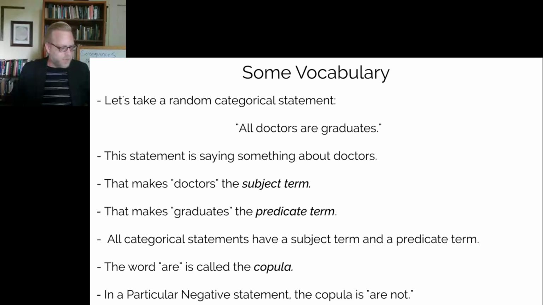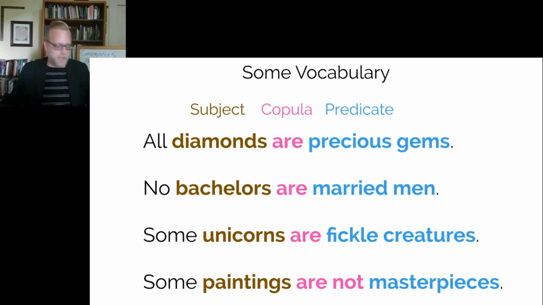Now this might sound confusing at first until you see a nice little diagram. This hopefully helps. You can see that it's just the same thing every time. We have four basic types of statements: the universal affirmative, universal negative, particular affirmative, particular negative, and that's what each of these represents. And then you can break them down in terms of the subject. That's whatever comes right after the all, no, or some.